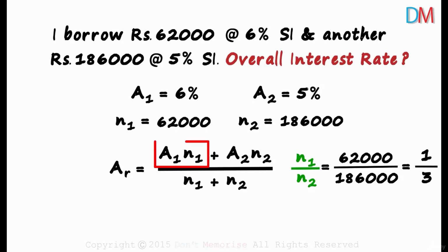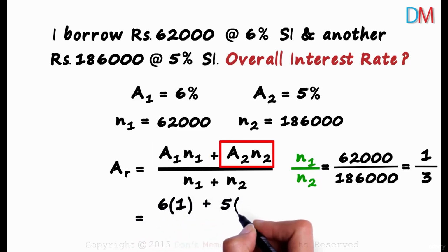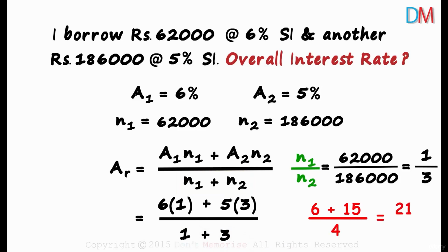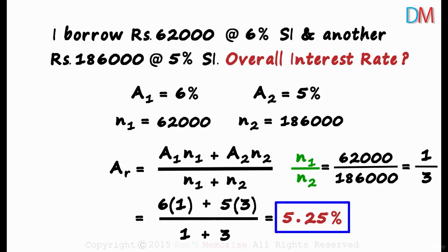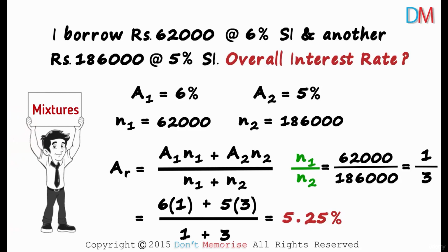So we write A1N1 as 6 times 1 and A2N2 as 5 times 3 and N1 plus N2 as 1 plus 3. 6 plus 15 over 4 is 21 over 4, which equals 5.25%. This is the overall interest rate that would apply to us. It is closer to 5% as we have borrowed more money at 5%. Starting with the next video, we will be applying this concept to mixtures.